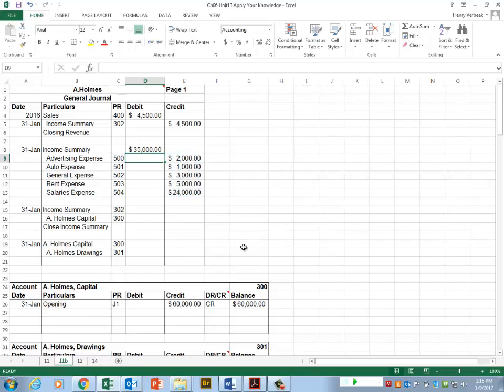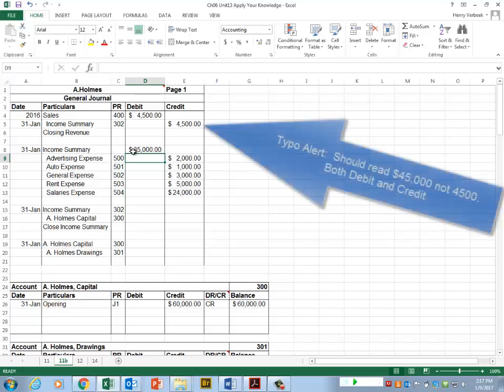Now the third step is to close the income summary. We need to get that to zero. We already know the income summary has a credit of 45,000 and a debit of 35,000, so it must have a credit of 10,000.